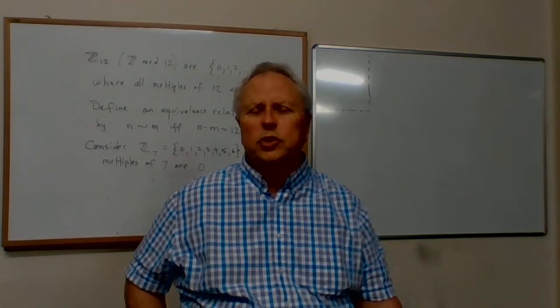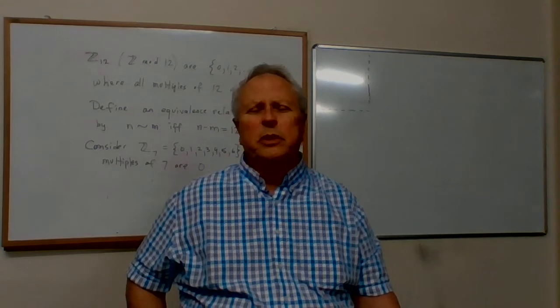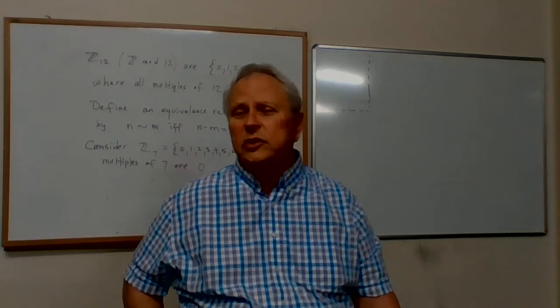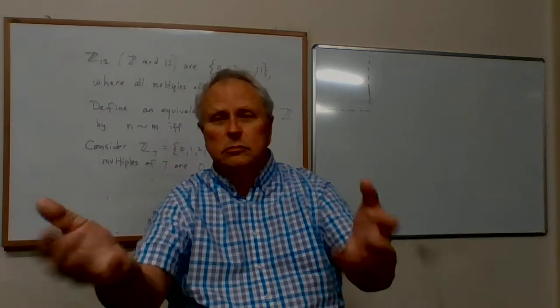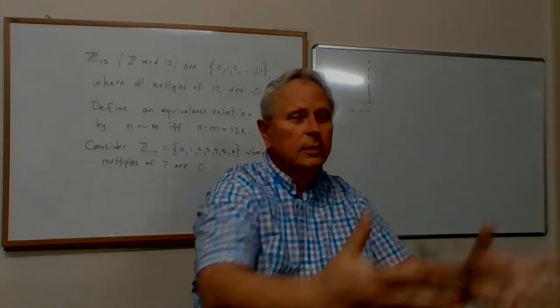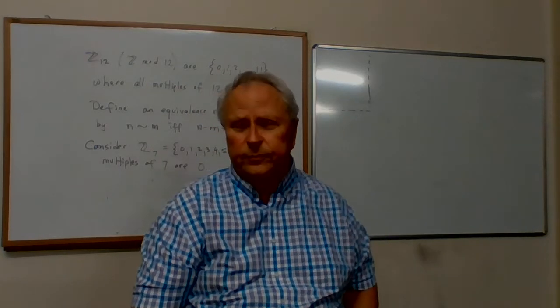What's the difference between Z mod 12 and Z mod 7 that would cause me to be able to find inverses in Z mod 7? And the answer is, hopefully somebody said, the 7 is a prime.